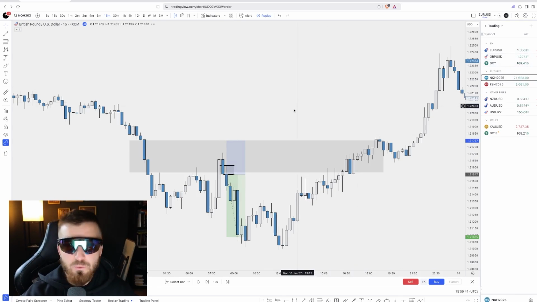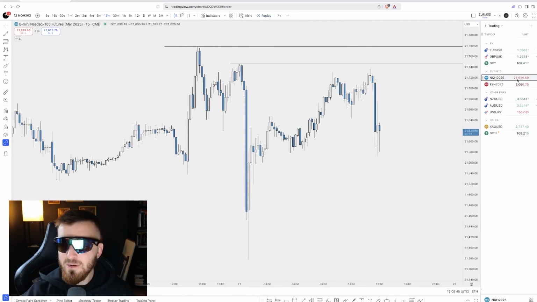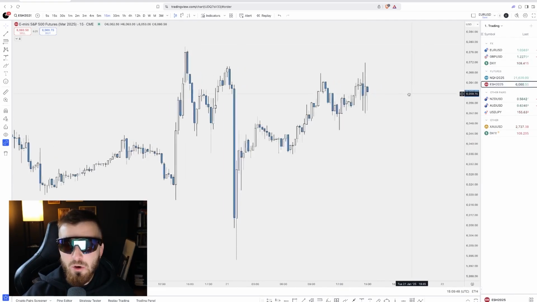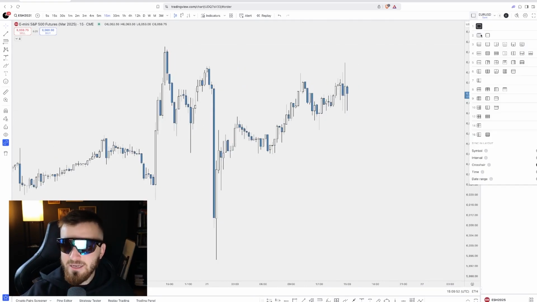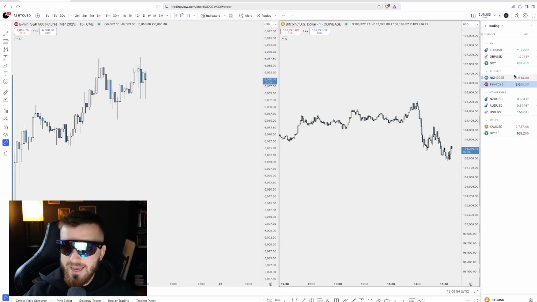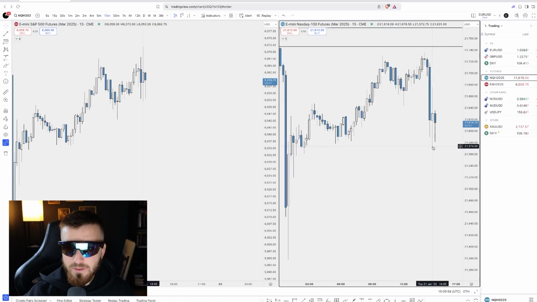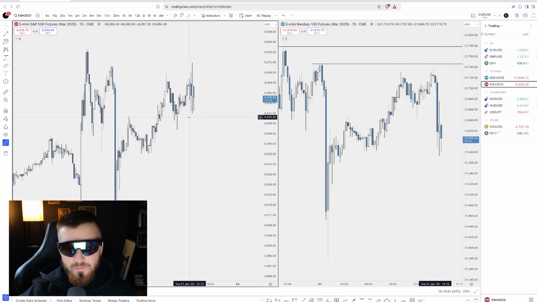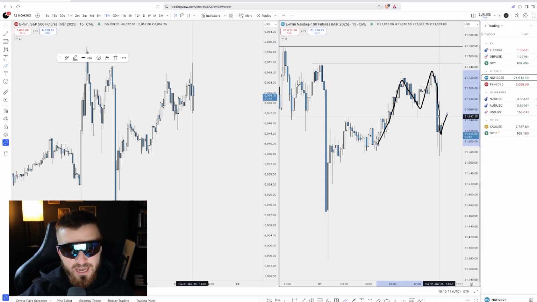So now let's see something recent. This is happening right now in price. Notice the difference between NASDAQ and S&P 500. Can you see how NASDAQ has failed to form a higher high in this exact candle right here?